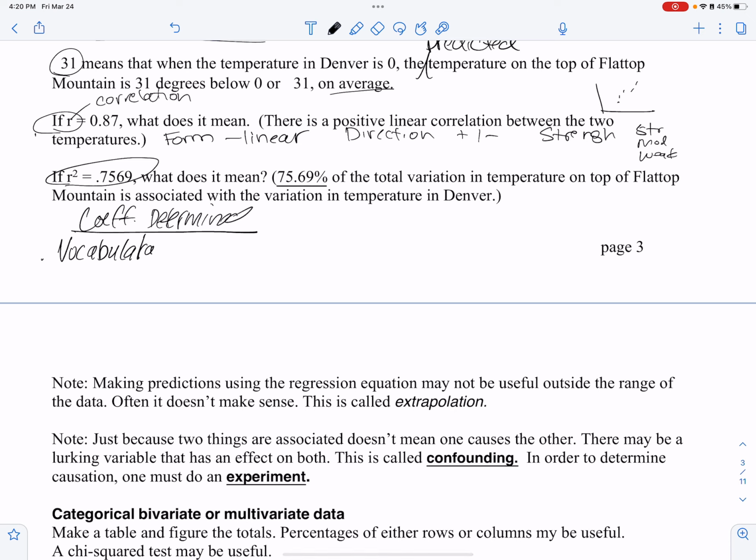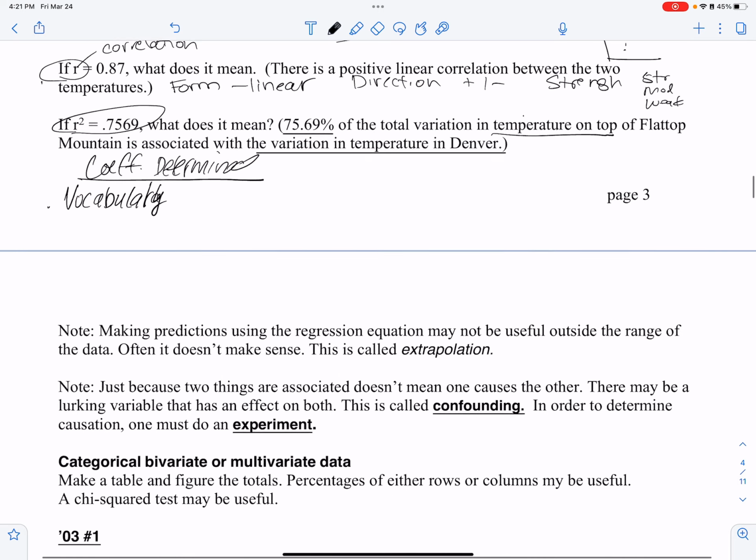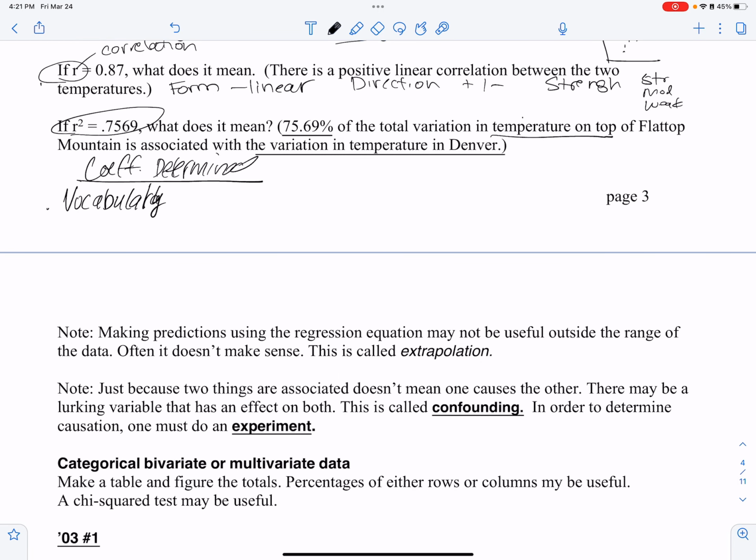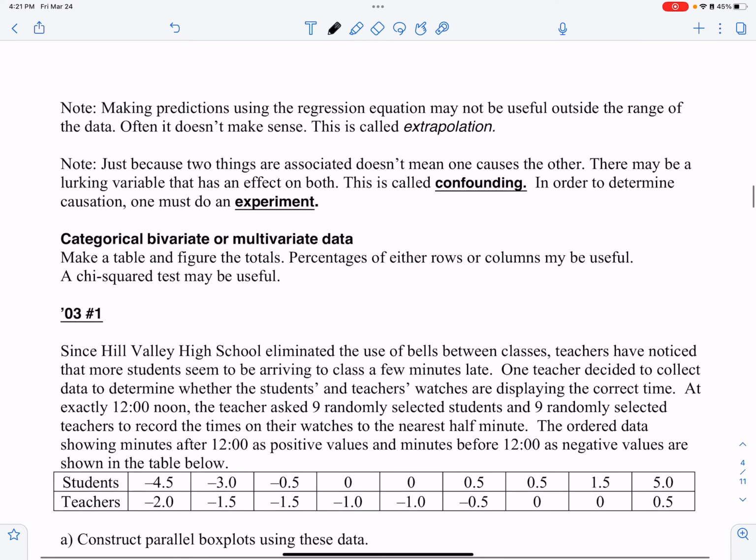This is the sentence that says the percent of the total variation in Y, which is my temperature on top of Flat Top Mountain, is associated with the variation of X explained by my least squares regression line. So this sentence is on your calculator and your vocab. Remember, R squared tests how appropriate your line is.